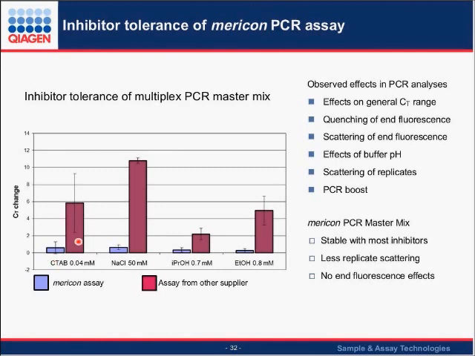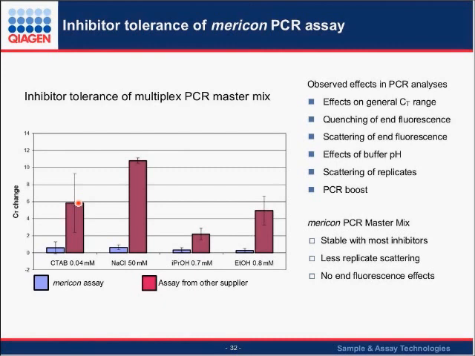However, if you take another multiplex assay, an assay from another supplier, and do the same experiment, so we have plus inhibitor and no inhibitor, you get a CT change. And here with CTAB, we're seeing about 6 CT difference. So it's moved from the first point, let's say the first one was 28, I don't know what the number was, and then we have a CT change of 6. That moves us to 34.